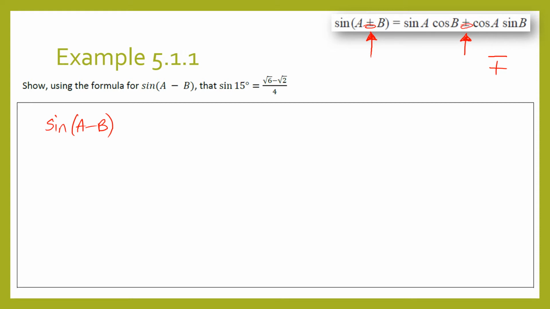So it's going to be sine A cos B, and then take away cos A sine B. Now there are multiple ways this can be done. We could choose 2 numbers for A and B that when you subtract them give you 15 degrees.